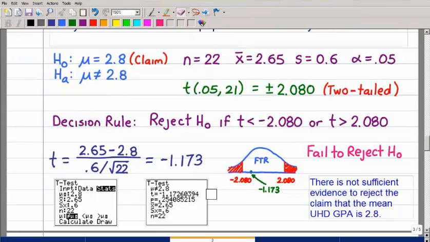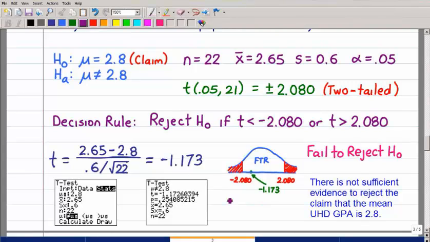Another way when you're testing these test statistics, you can use the absolute value. In other words, I'm saying less than negative 2.080 or greater than positive 2.080. If you just take the absolute value of the test statistic and see if it's greater than 2.080, that is also another way to do this.